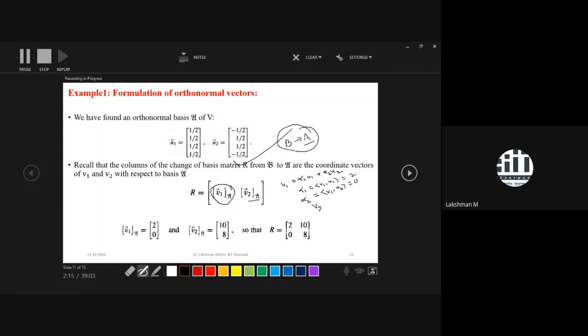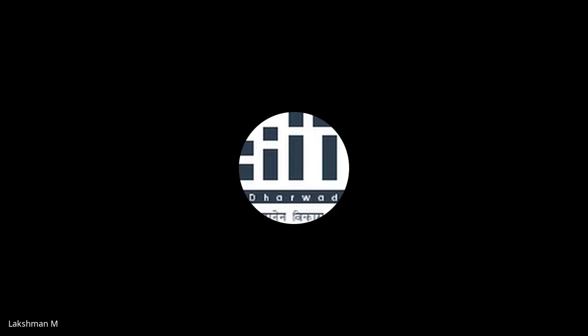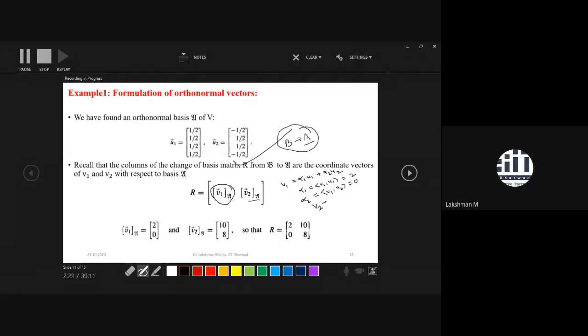Similarly, you have to express all the basis vectors in order to find the coordinate vector of V2 with respect to the new basis. So we will express the basis element V2 as a linear combination of the new basis. Call it beta; alpha 1 and alpha 2 I have already taken, so the next notation I will take is beta 1 times U1 plus beta 2 times U2.